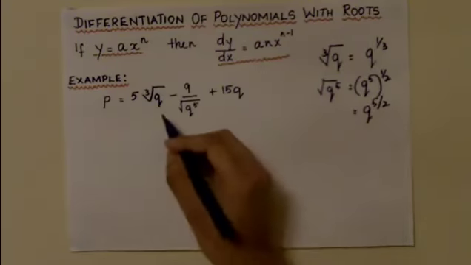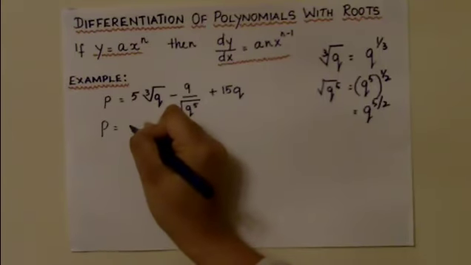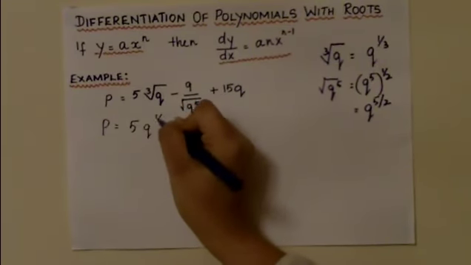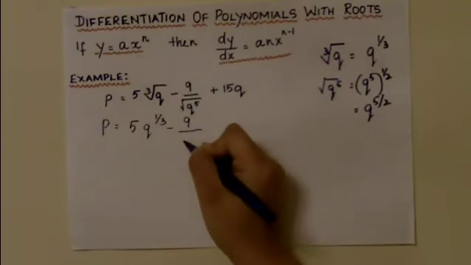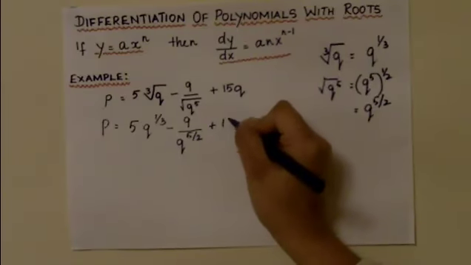Now using this, in this equation you have p equals 5 q to the power of 1 over 3 minus 9 q to the power of 5 over 2 plus 15q.